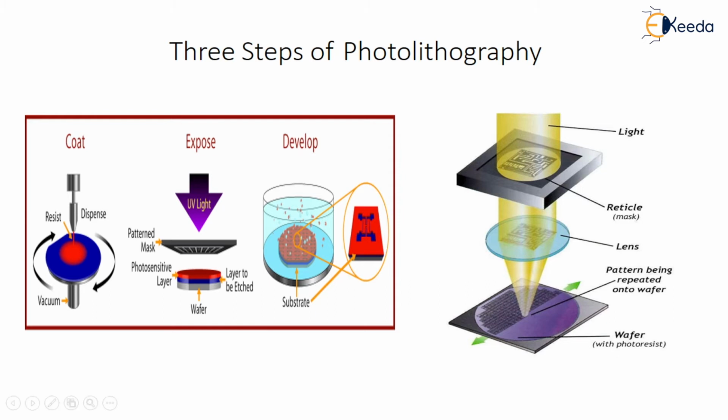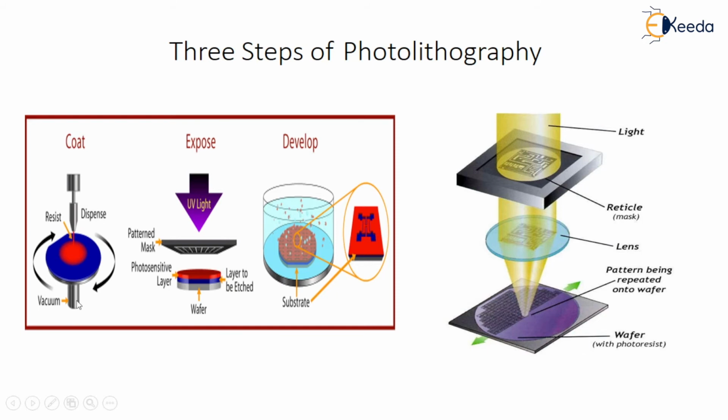As we know, it has a light source, a reticle, that is a mask system, and a lens. This will be removed after completion of a particular wafer. The pattern is repeated onto the wafer. The coating is done by the resist dispense system.